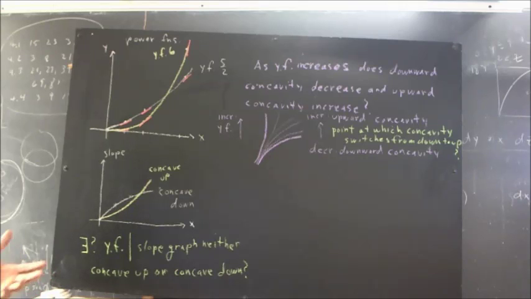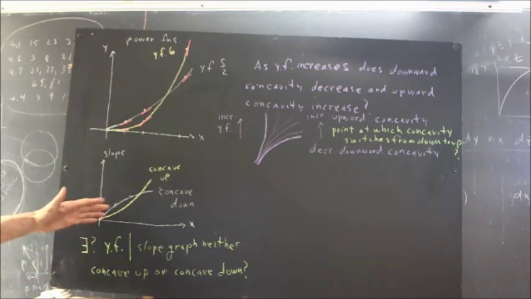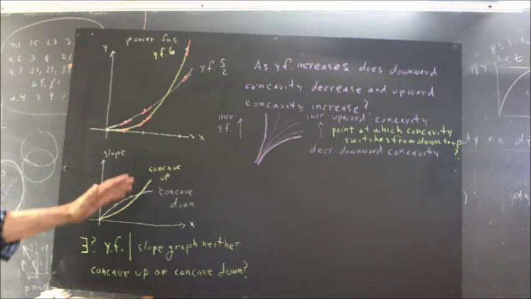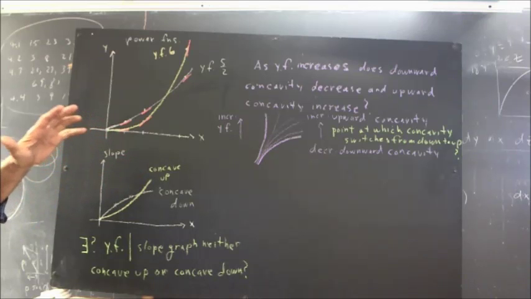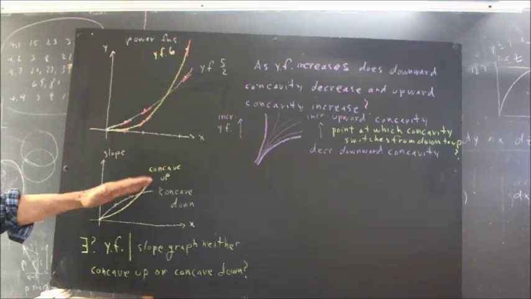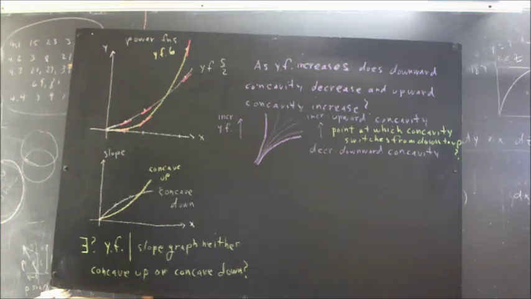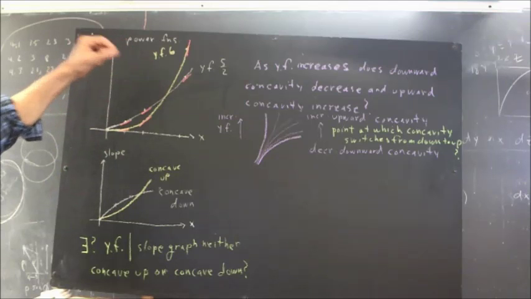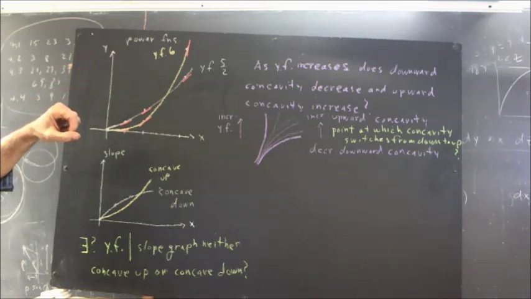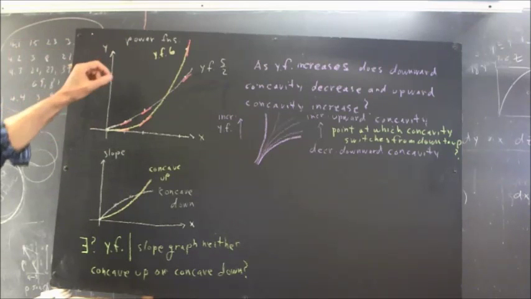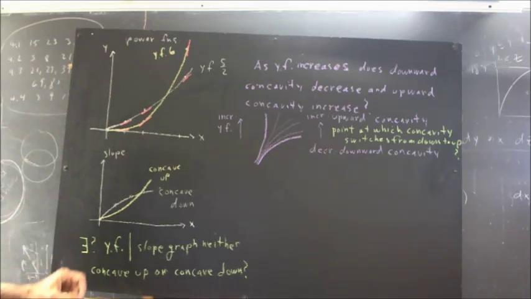If so, then if the downward concavity becomes less and less until at some point you switch from downward to upward concavity, and then the upward concavity keeps increasing, for what y factor of the original graph would the slope graph be straight?